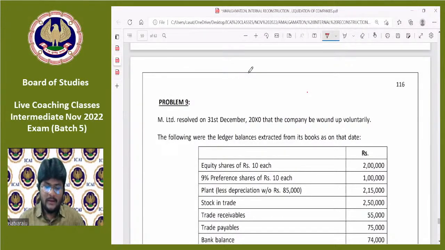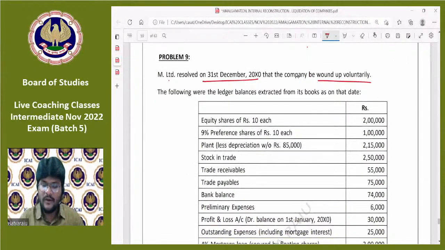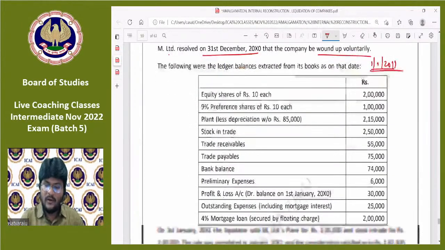Yeah. Concentrate. M Limited resolved on 31st December 2010 that the company be wound up voluntarily. The following were the ledger balances extracted from its books as on that date. As on that date means 31st December 2010, or you can call it 1/1/2011, whatever the case may be.